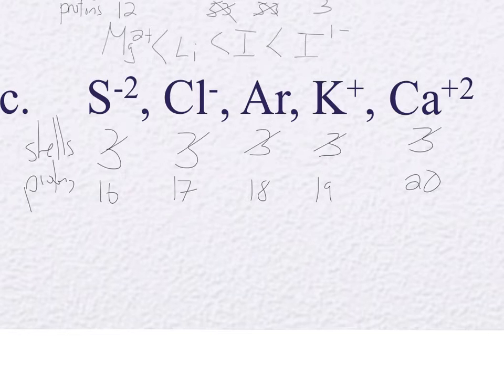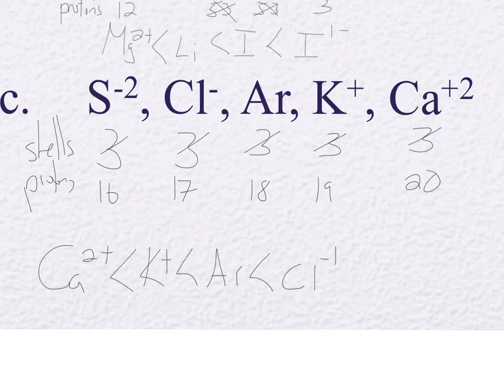But here's where we can see that the calcium has more protons. It has the highest effective nuclear charge. It's going to pull them in tighter. So my trend: calcium is the smallest, potassium, argon, chlorine, and then the sulfide is going to be the largest.